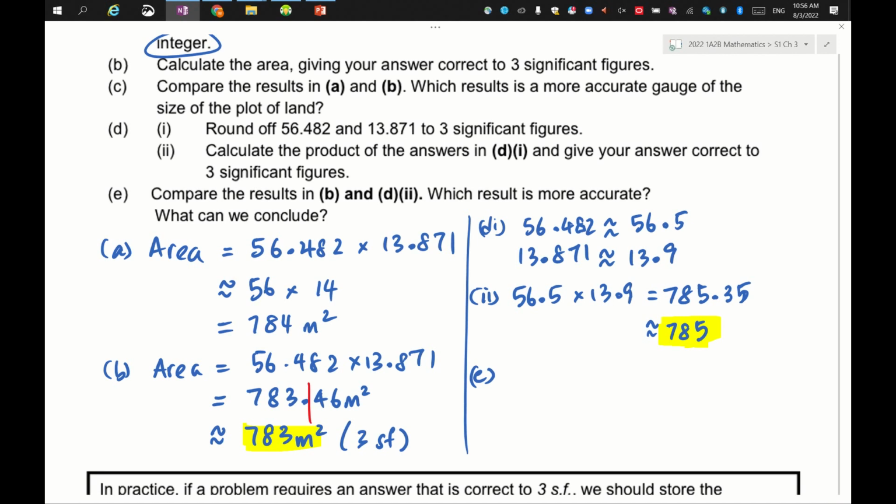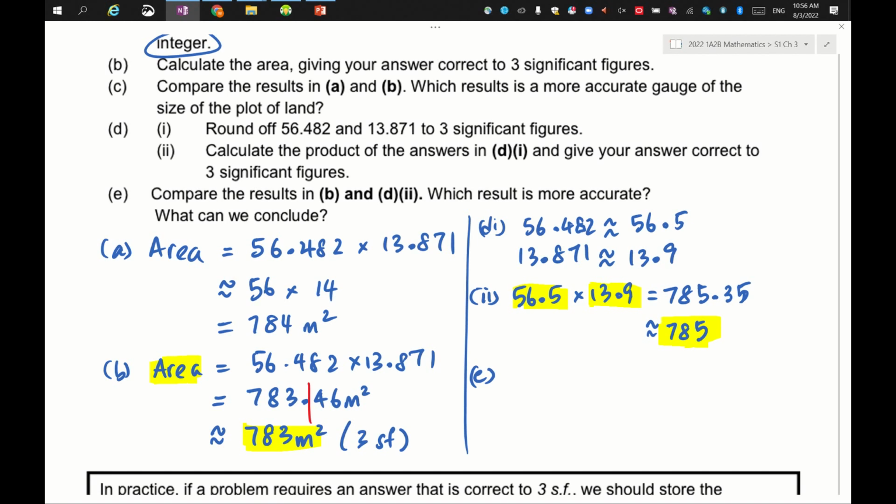Are we trying to calculate the same thing? In part B, we are calculating area, right? In part D, part 2, what are we calculating over here? What is this 56.5 times 13.9? What is this supposed to give us? Is it also a calculation for area? When you take 56.5 times 13.9, are we also calculating area?